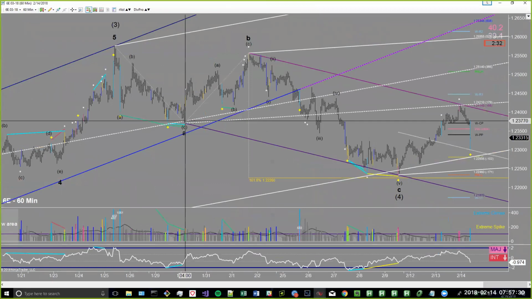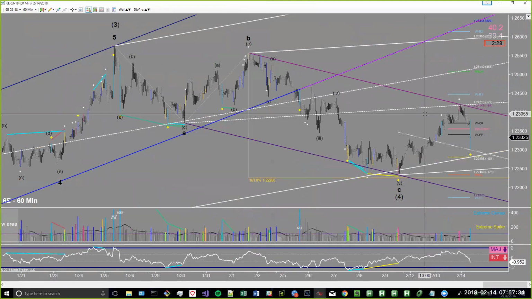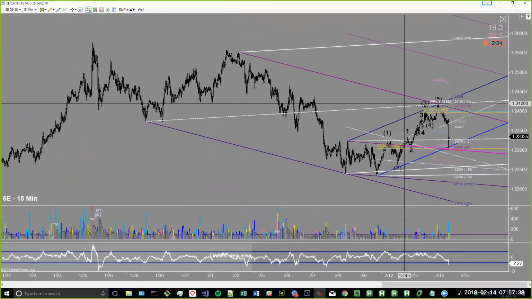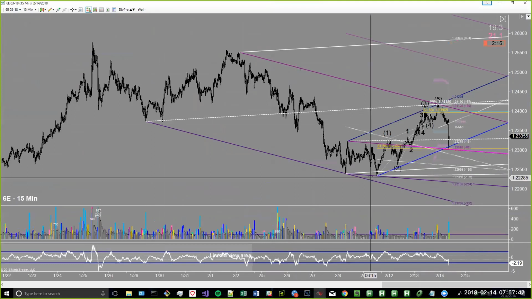If you use the lowest low, highest high, lowest low, it comes in perfectly. On the 15, and then on the 15, if you use the low before the lowest low, same thing for this low.